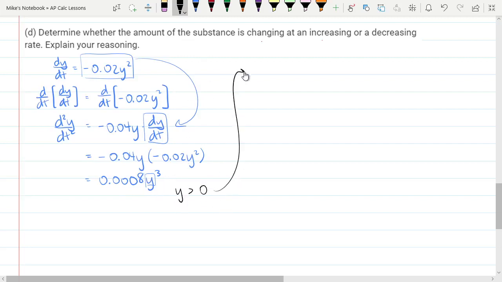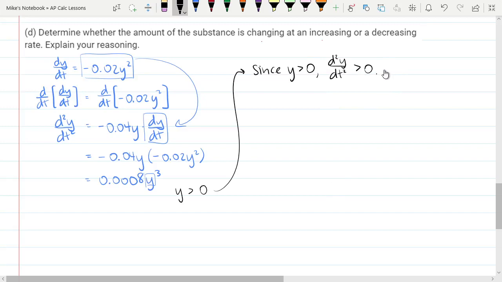So since y is greater than 0, because we're talking about an amount of a substance, then that means the second derivative, well, if I put in any positive number for y and cube it, that will still be positive, times 0.0008 is still going to be positive. So since y is greater than 0, then that means the second derivative is also greater than 0.